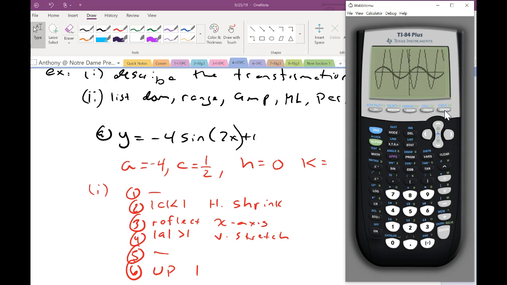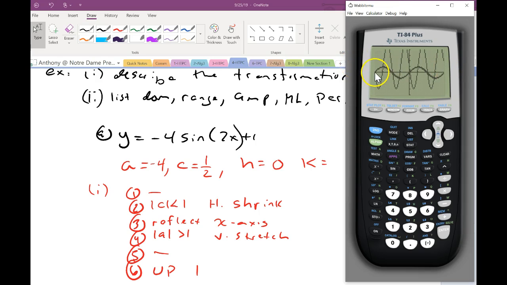It's been shrunk horizontally because I noticed that in the time it took to do 1 up and down, I get 2 up and downs now in the same amount of space. Did you guys see that? It's been moved up 1 unit, I can tell, because the midline for the new function comes through in this area here.